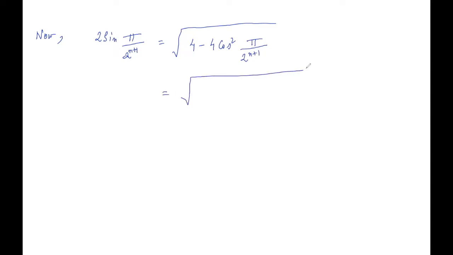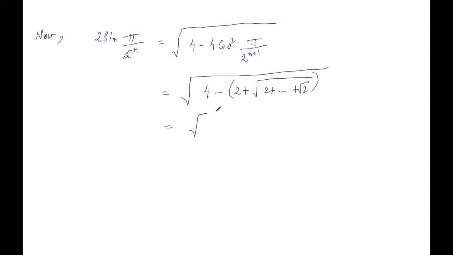Now 2 sine pi by 2 to the power n plus 1 is nothing but root over 4 minus 4 cos square pi by 2 to the power n plus 1, and this is nothing but root over 4 minus, now we are replacing that part by the formula that we have just proved, and we have squared it and replaced this part.